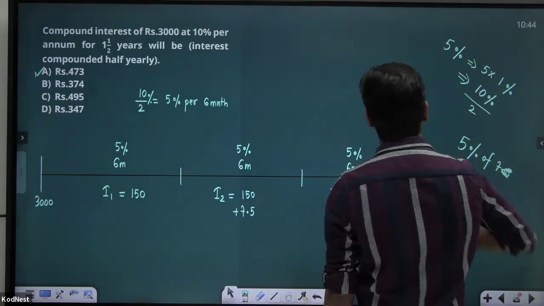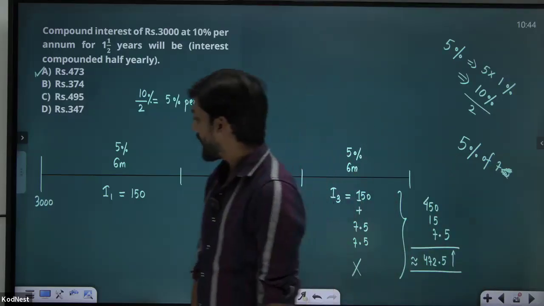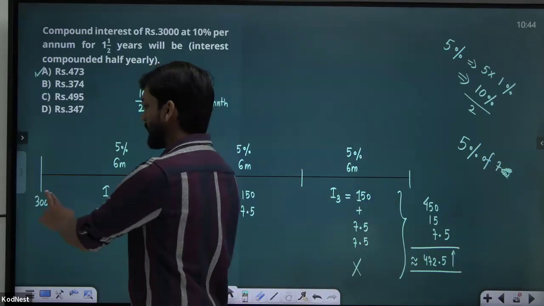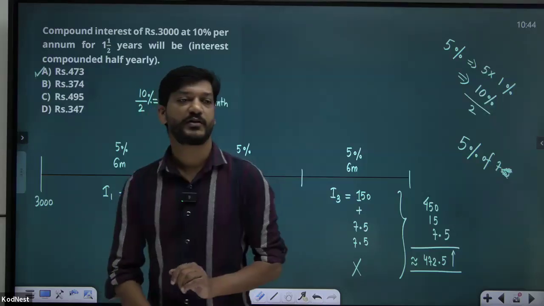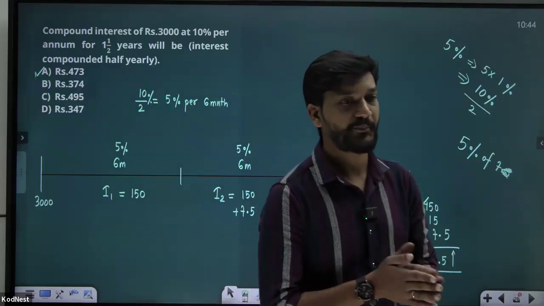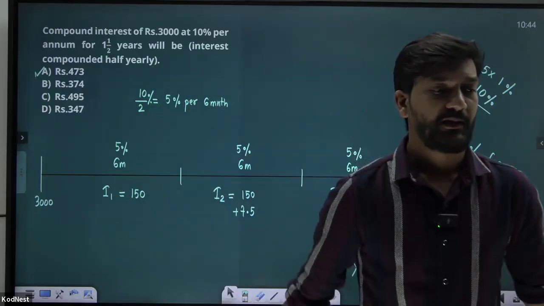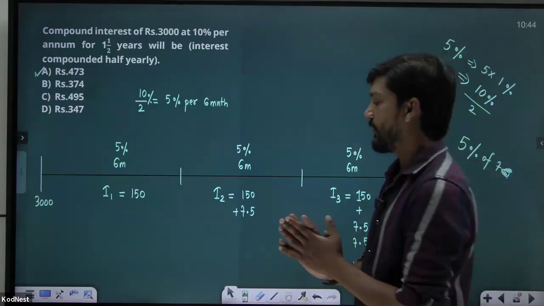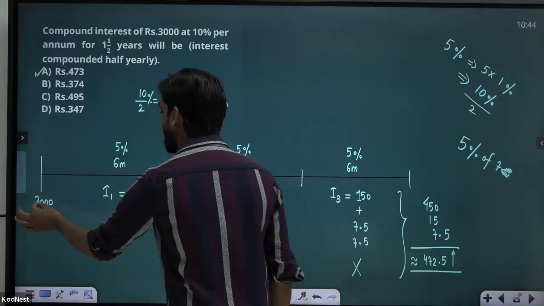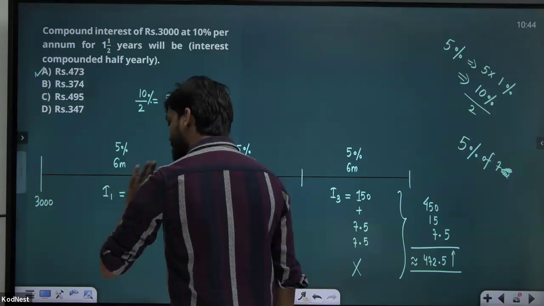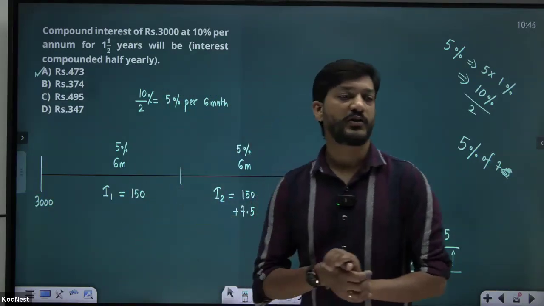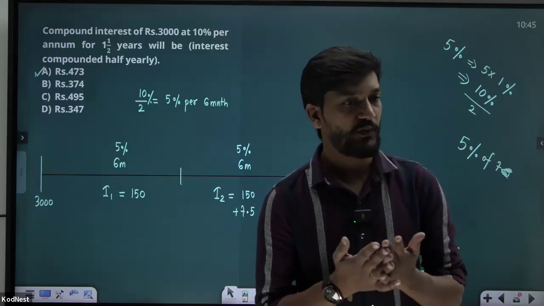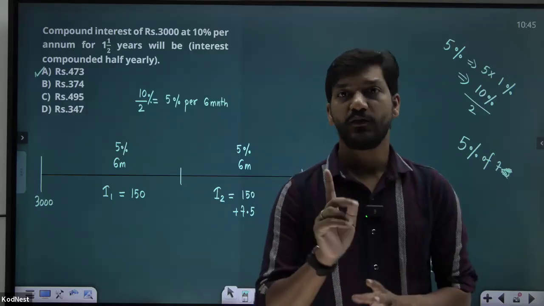So if I start from here, 1% of 3000, 30. If 1% is 30, so 5% will be 5 times. So 30 into 5, how much? 150. This is the first way.